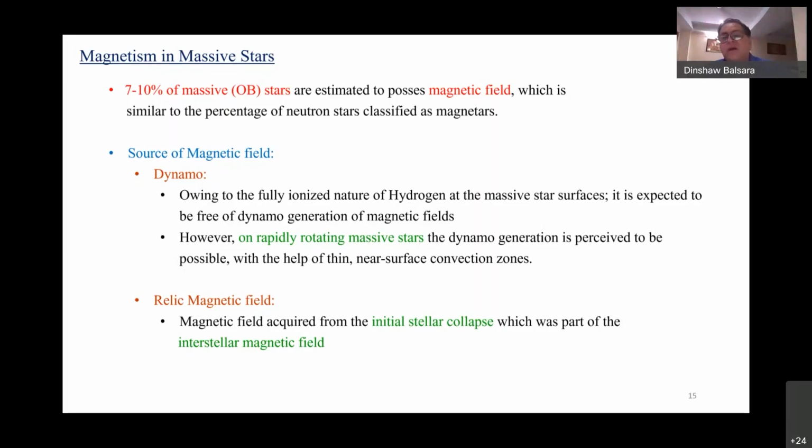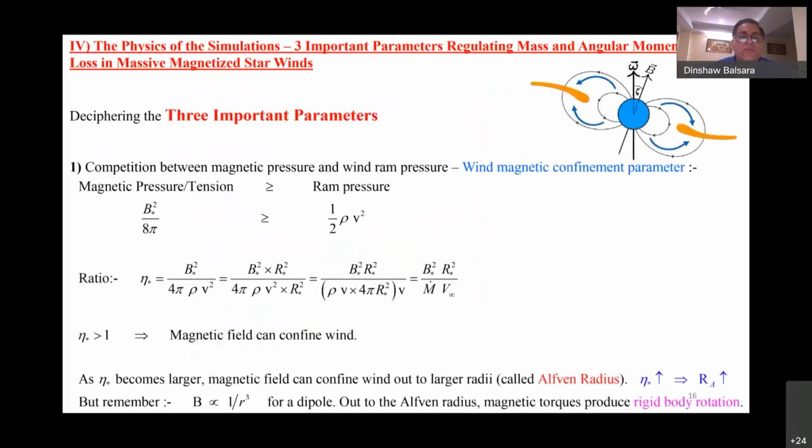And as a result, you have to fine-tune dynamo processes that might perhaps act in thin surfaces around the atmosphere of the massive star and probably build up a magnetic field. You might also think about magnetic fields being generated deep inside the massive star and popping outside, or you might think about relic magnetic fields from the initial phase of stellar collapse that took place.